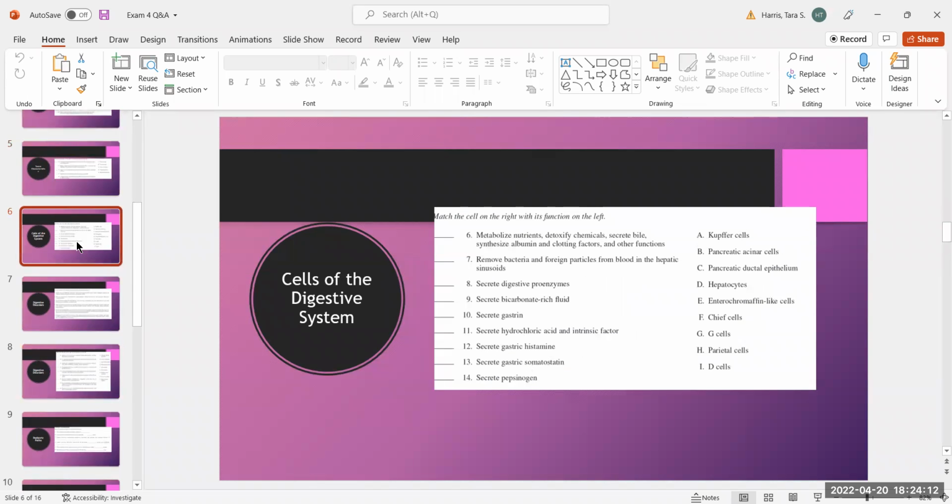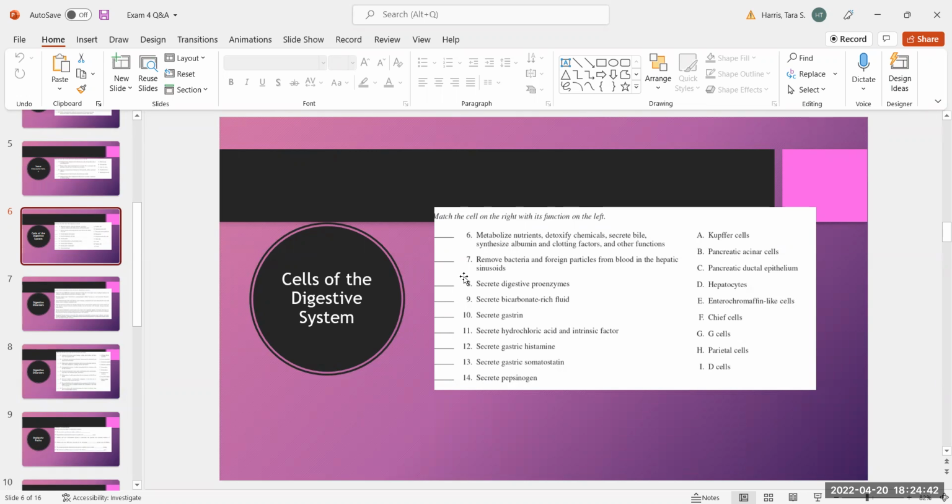All right, so here we are into the digestive system. And with the digestive system, we have another few cells to the left that would match the function. I'm sorry, I said it backwards. The cells to the right that would match the functions on the left. All right. And what you really need to know for these, you want to know what the function of the pancreas is.